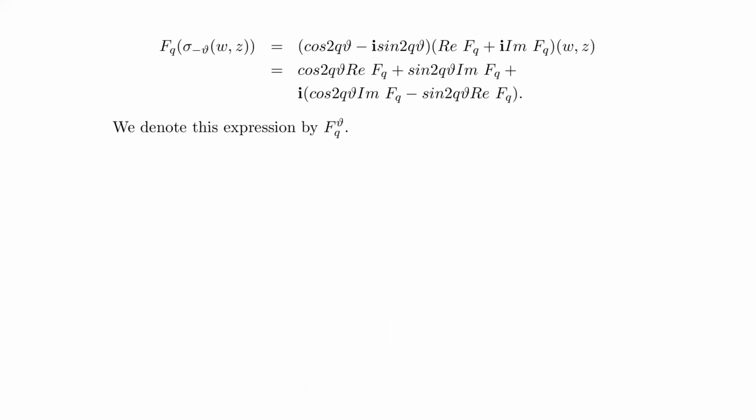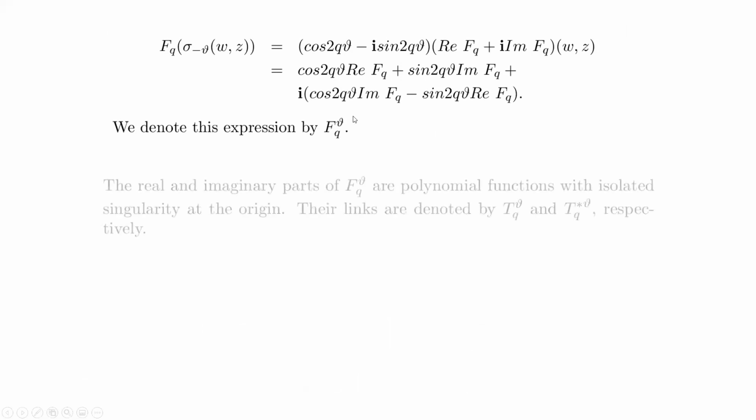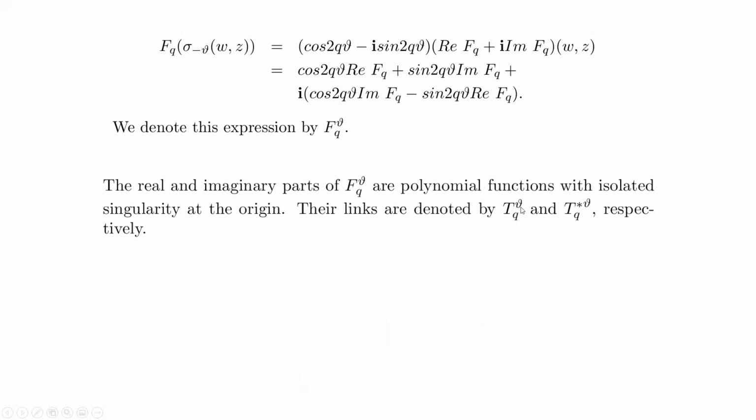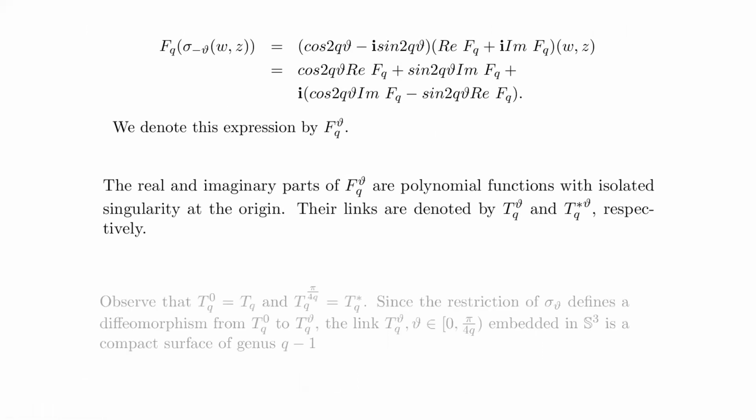You substitute and you obtain the effect of this action on these polynomials, and you get this expression. The real and imaginary parts are polynomial functions with isolated singularity at the origin. The links are denoted as before, but now depending on theta. Theta is given by the action of the rotation S1, as I showed before.